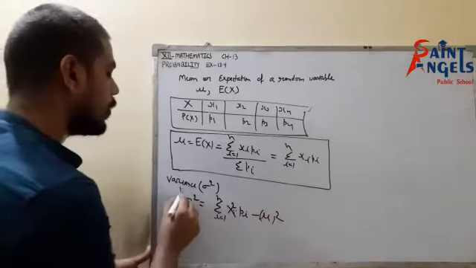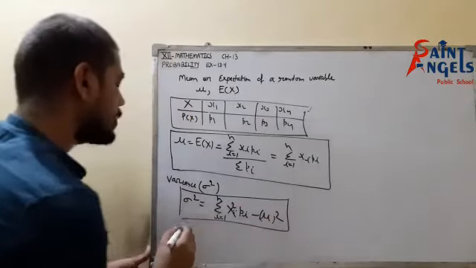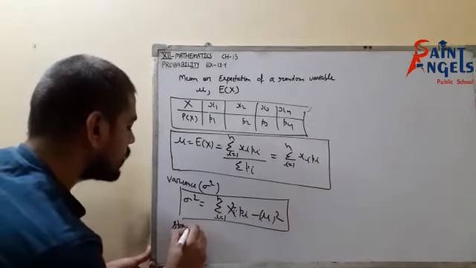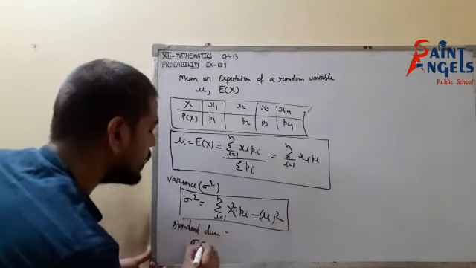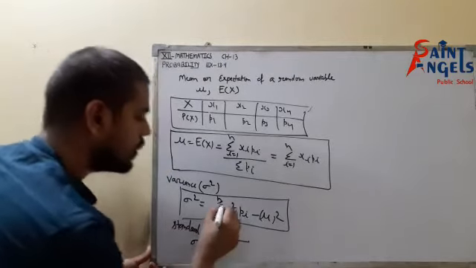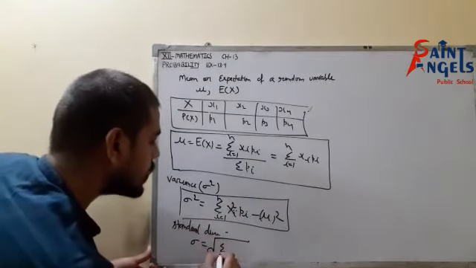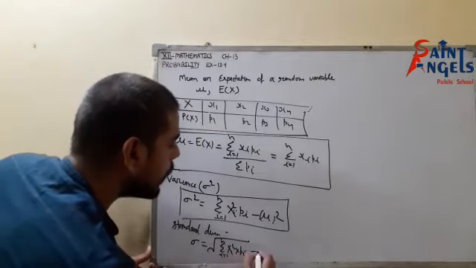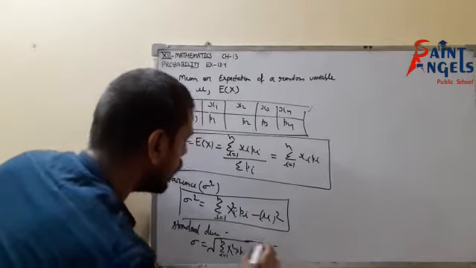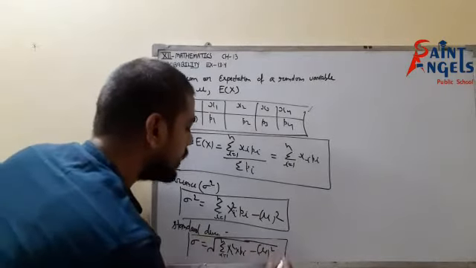So this is the formula for variance. And next is standard deviation. Standard deviation is known as sigma, that is the square root of this. So the square root of summation, i equals 1 to n, xi square into pi minus mu square, is known as standard deviation.